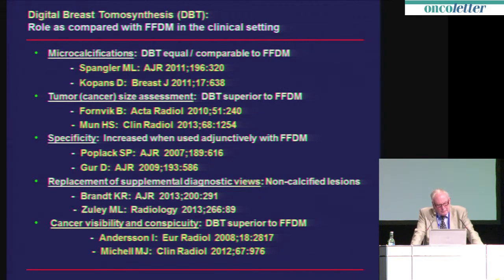So far, there have been several studies, mostly experimental clinical studies, comparing conventional 2D images with DBT.